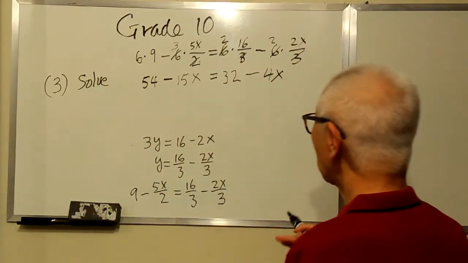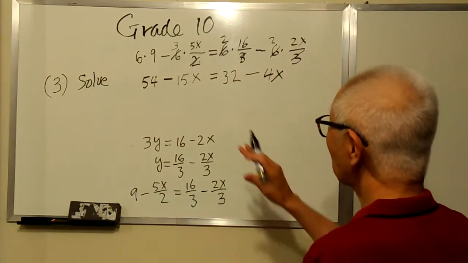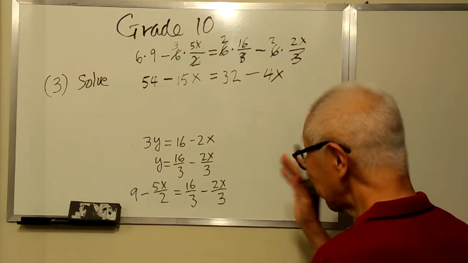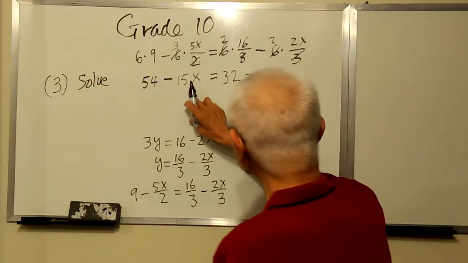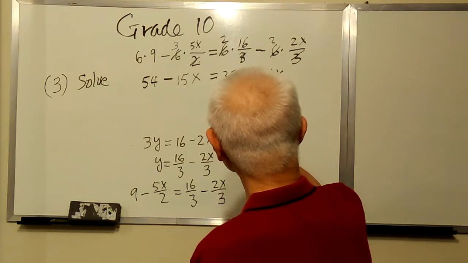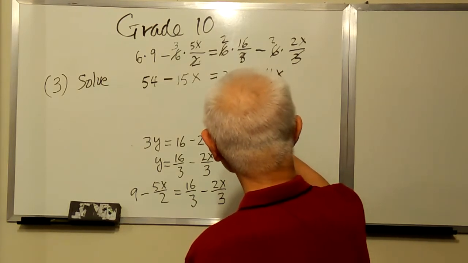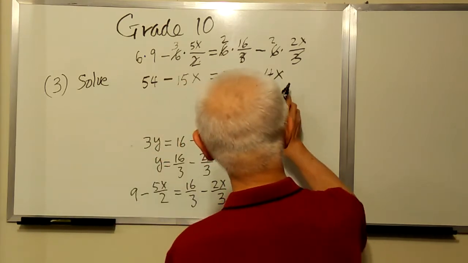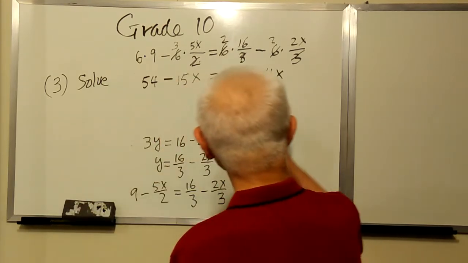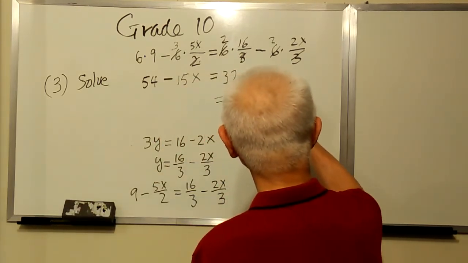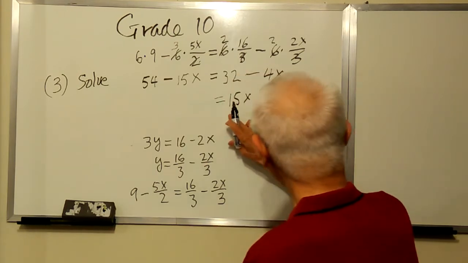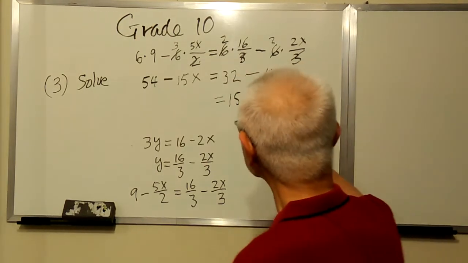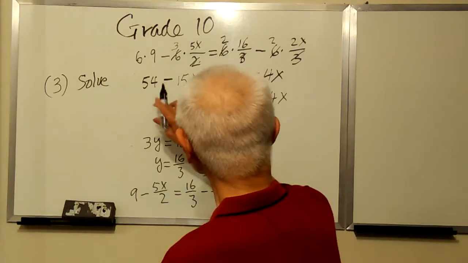I want x on one side. How do I move the x so that I get the x part positive? I move the 15x to this side. 15x minus 4x. I want positive for the x part. And then I move 32 to the other side.